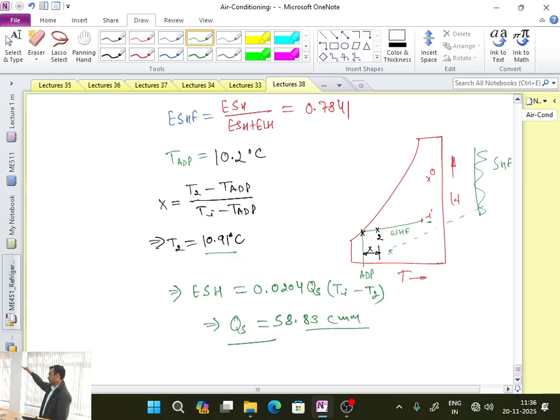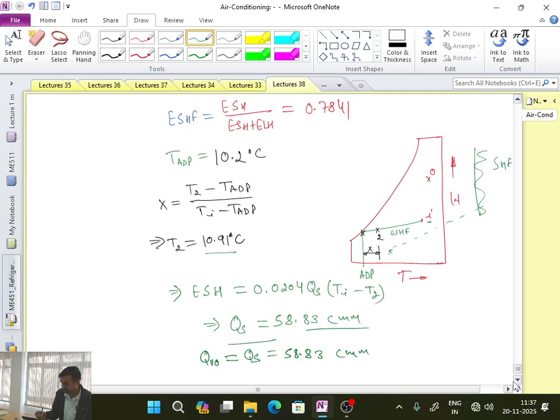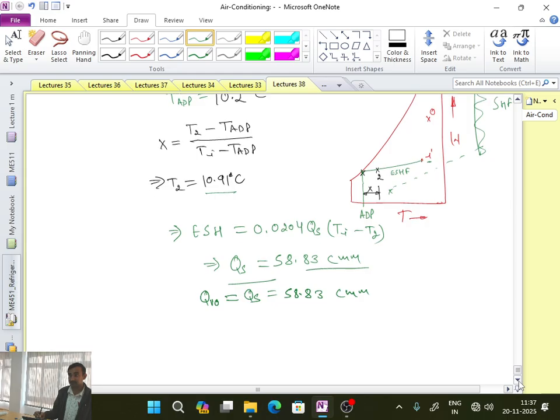If I have partially opened a damper, then by adjusting the damper I will increase QV naught in order to make its value equal to that of what? QS. Okay, so now let us assume that I have increased QV naught and made it equal to QS, the dehumidified air quantity, which is 58.83 cmm. Is this point clear?